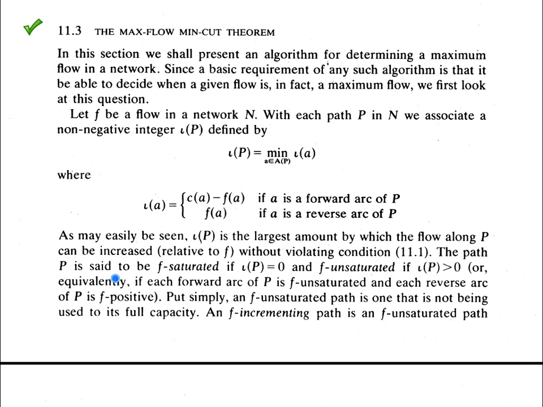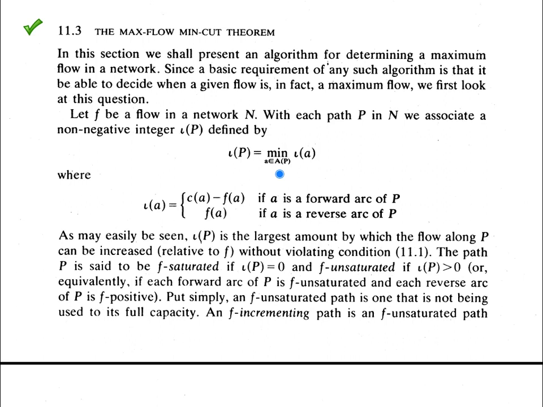A path is said to be F saturated if iota of P equals 0, and F unsaturated if iota of P is greater than 0. What does it mean if it is F unsaturated, if you have this iota of P greater than 0? Remember that iota is the minimum over the arcs of your path.